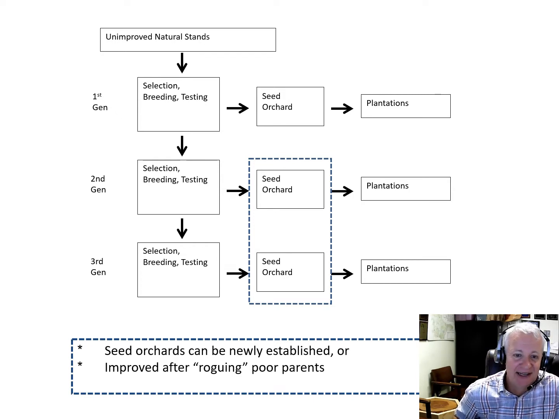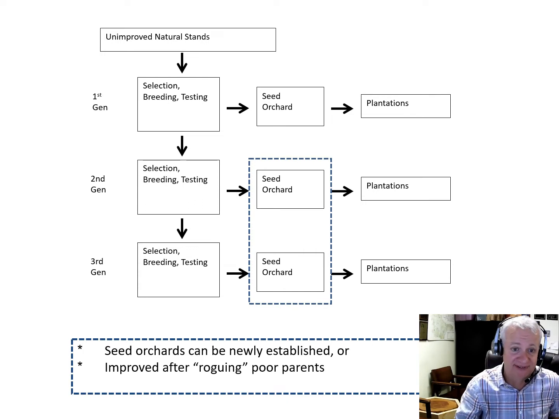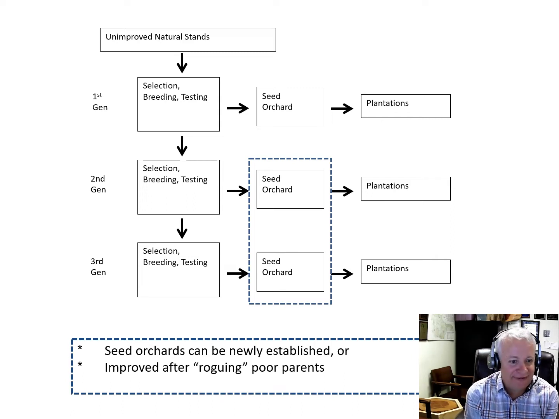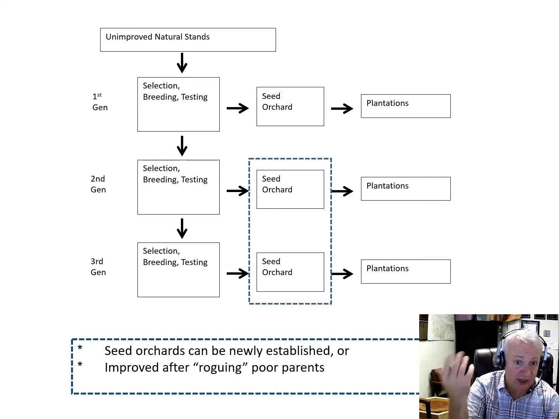So if you compare that to, for instance, other commercial crops like corn or wheat, those species have been through thousands of generations of improvement. Obviously, most of that was not formal improvement. People just collected seed from individuals that bore a lot of seed, for instance, and kept some of that as seed corn or wheat for regenerating the next year.